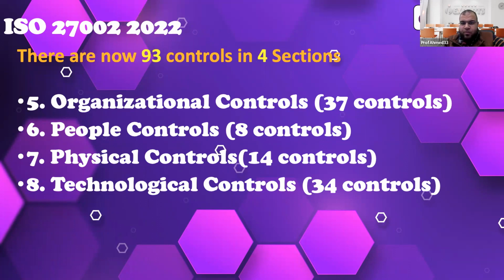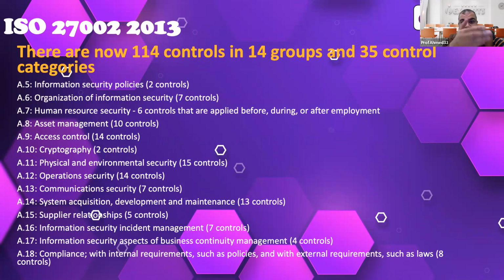By the way, this is not the first time. If you remember, in ISO 27001 2005, the one before 2013, if anybody here remembers, how many controls existed in 2005?